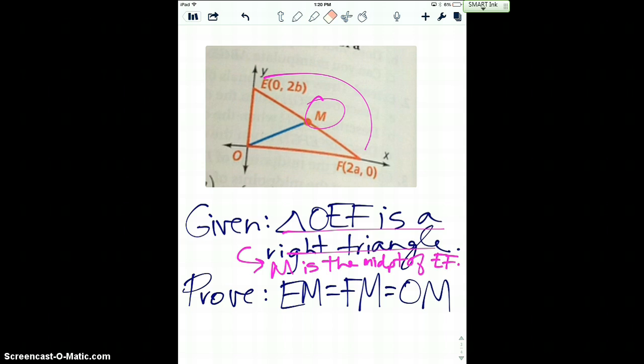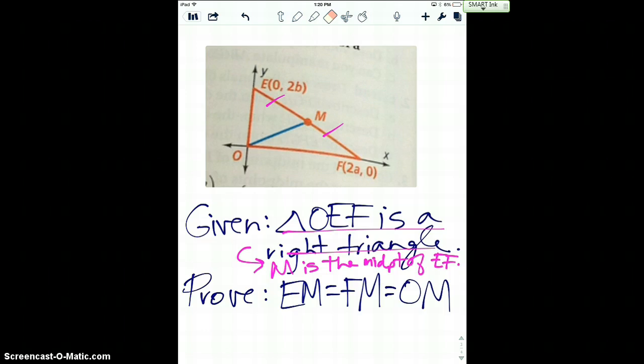Okay, so in my picture, I'm going to go ahead and note that for myself, that that's given to me. And then I'm trying to prove that EM is the same as FM, which is the same as OM. So I have to somehow prove that OM is the same as those other two.